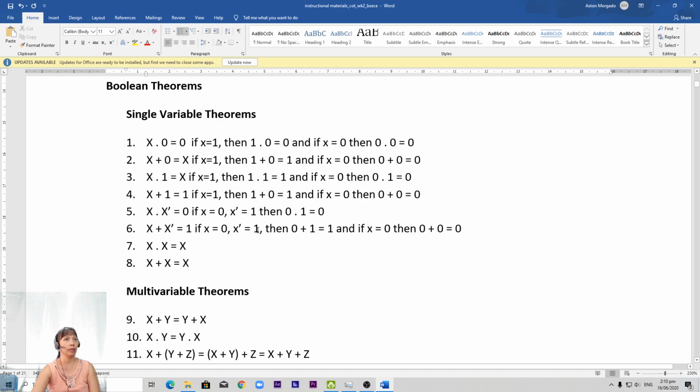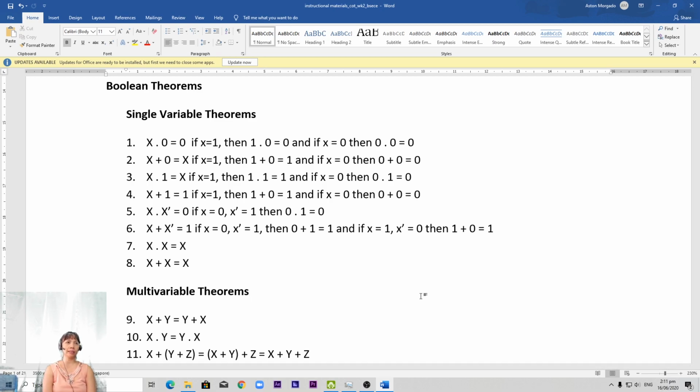Likewise, otherwise, if x is 1, then x prime is 0. So therefore, 1 plus 0 would still be equal to 1. Okay, I hope you don't get confused.